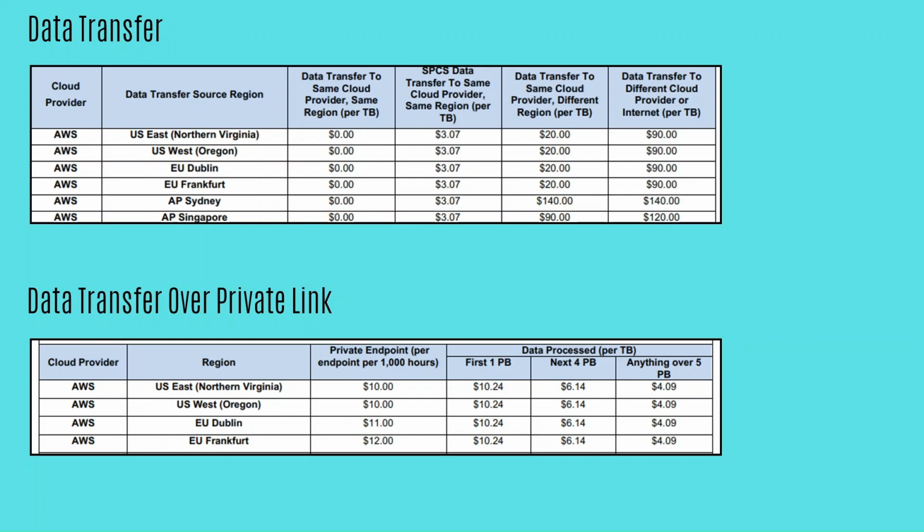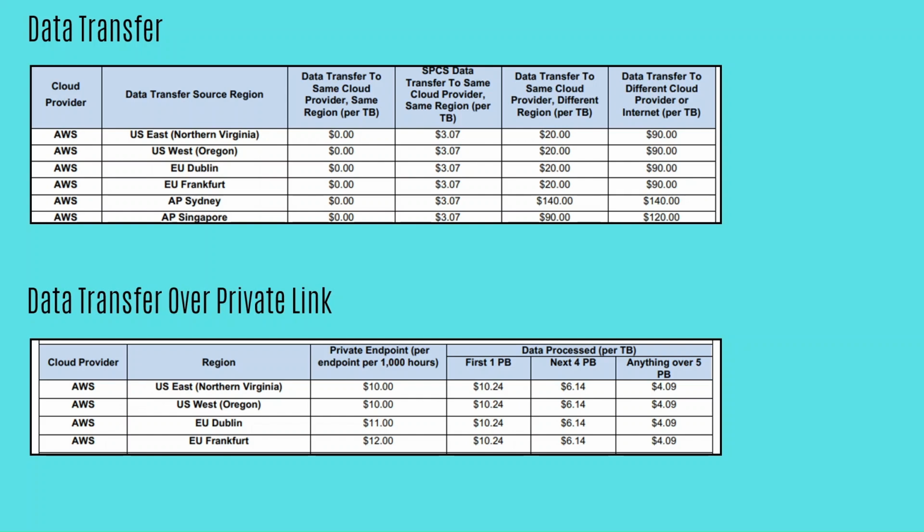So basically two costs. If you have not set up Private Link, then you won't be charged. You will only be charged for data transfer cost. But if you are using Private Link, then you will be charged for data transfer plus your Private Link cost. So two costs will be added along with your data transfer.